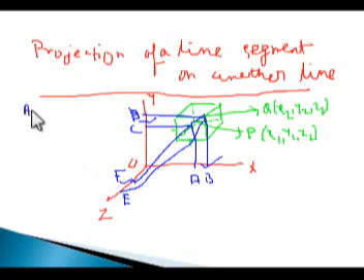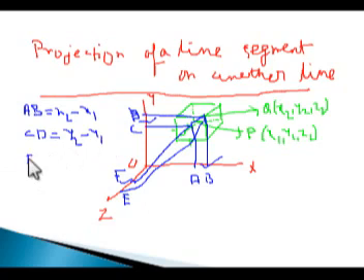AB must be x2 minus x1, and CD must be y2 minus y1, and EF will be z2 minus z1. So now these are the projections on the Cartesian axes.